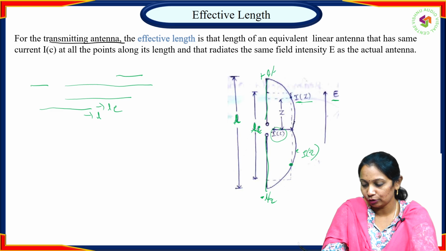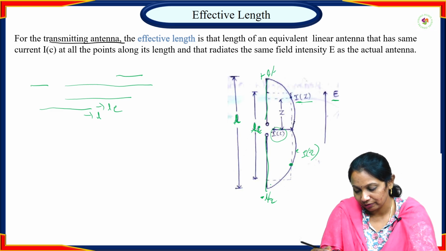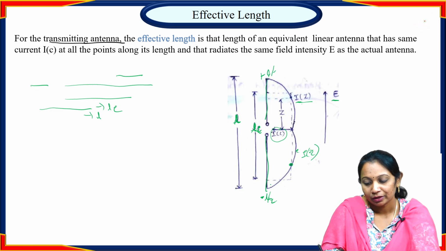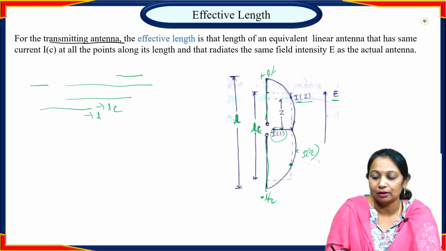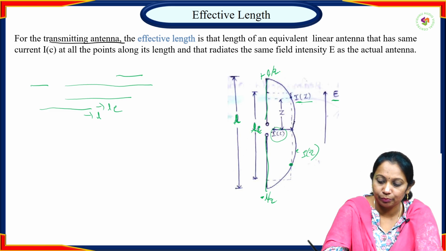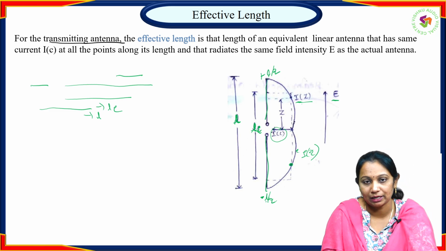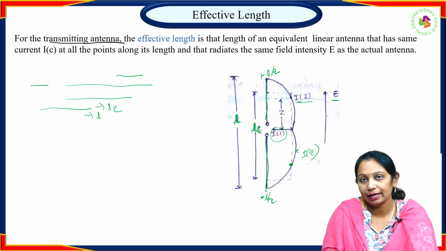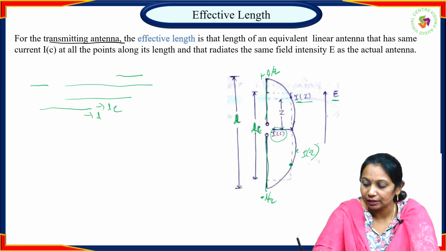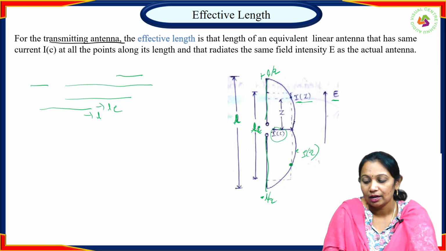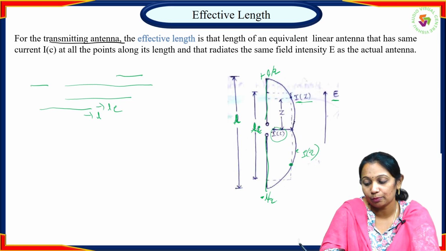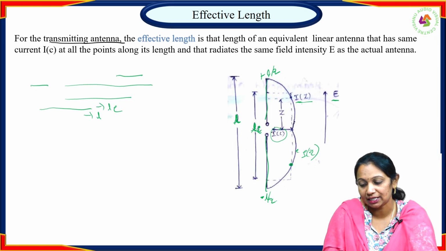How are we going to get the expression for this LE from this illustration? Here I am considering a dipole antenna. If the total length is L, then the positive side will be plus L by 2 and the other side minus L by 2. Here E is the field intensity, and my assumption is that the propagation is towards the Z direction.